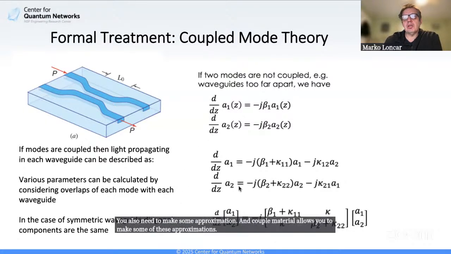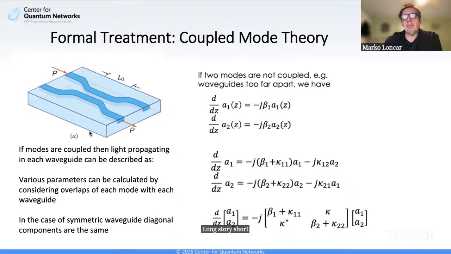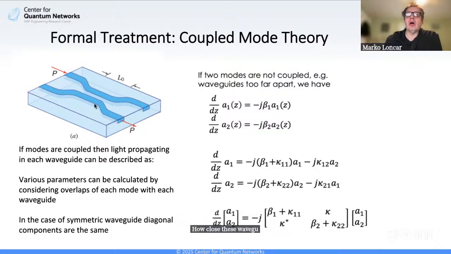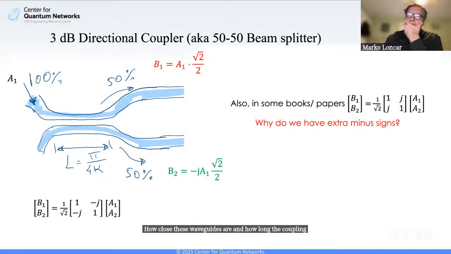Long story short, due to the coupling of the two waveguides, if I put power in the input, electric field A1 here or an electric field A2 here, how much electric field I have anywhere in this coupler is going to be a function of various constants, and those are a function of how close these waveguides are and how long the coupling section is, as I mentioned.